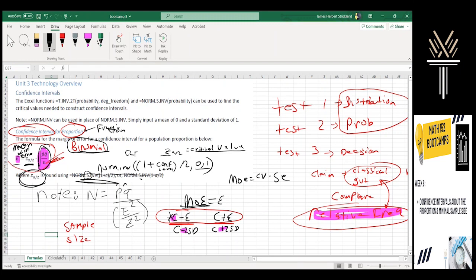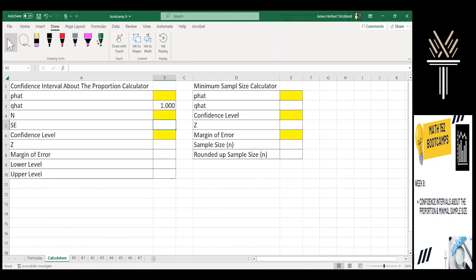It's just the square root of P times Q divided by N. So for our standard error box, it will equal the square root of our P calculation times our Q calculation divided by the sample size. So B2 times B3 divided by B4. Close your parentheses, hit go.